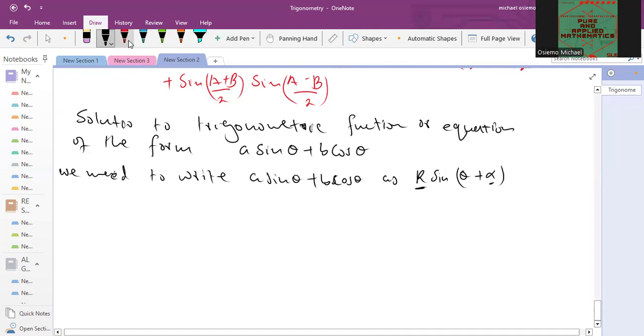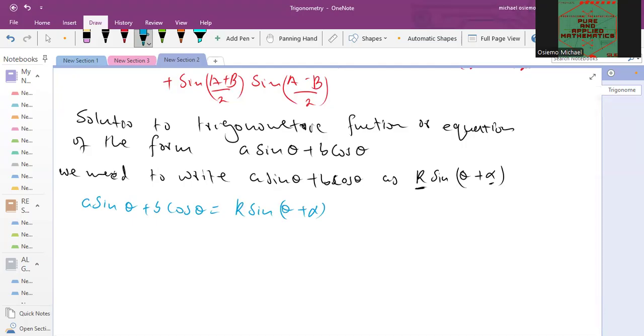So let us have it down here. If a sin theta plus b cos theta is equal to r sin(theta plus alpha), then we need to expand the right hand side.